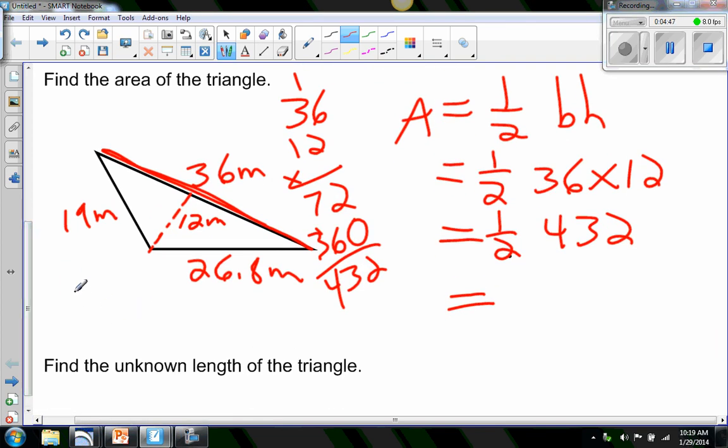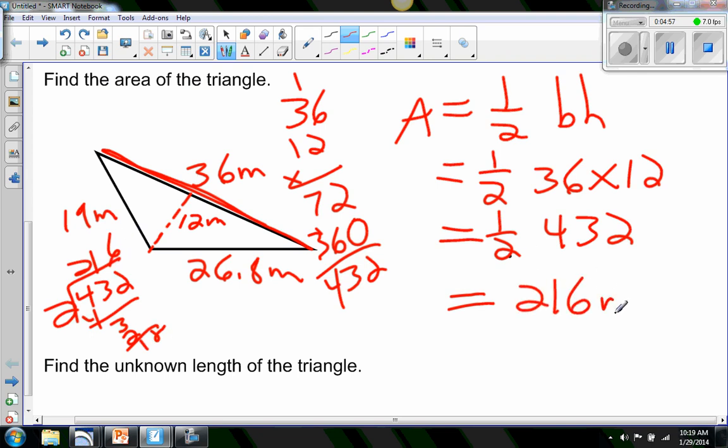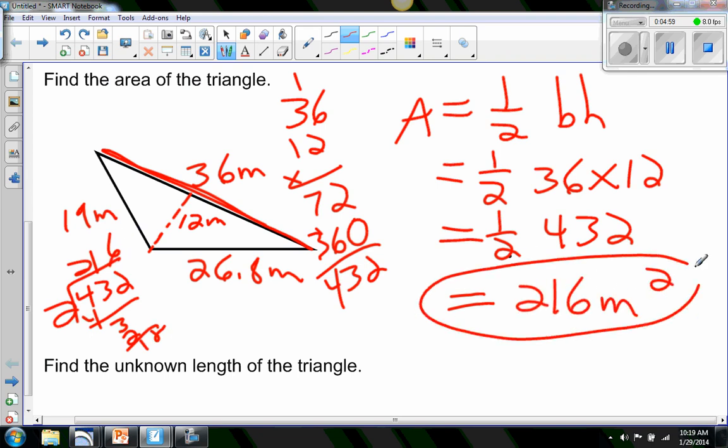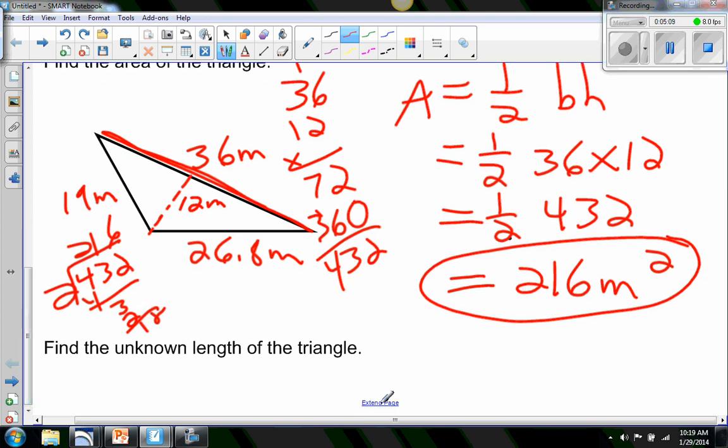So 432 divided by 2 is 216. And again, it has to be labeled with the little 2. So 216 square meters. Remember I said any kind of area or surface area has to be labeled with this little 2 because it's two-dimensional.